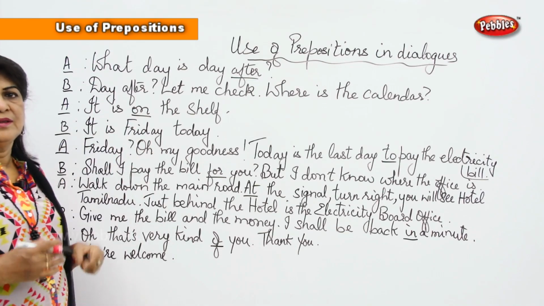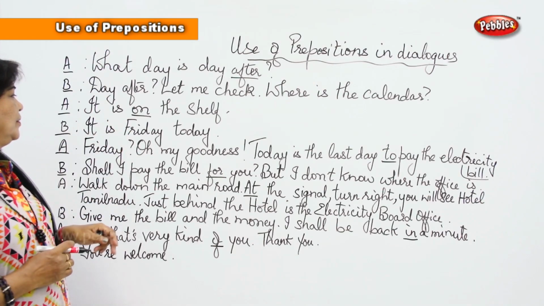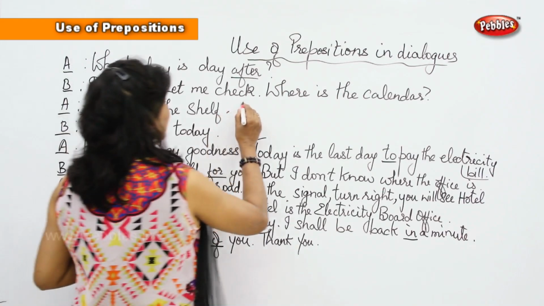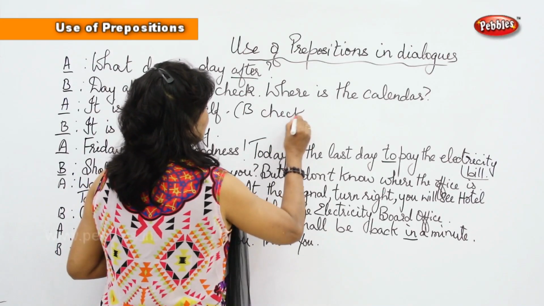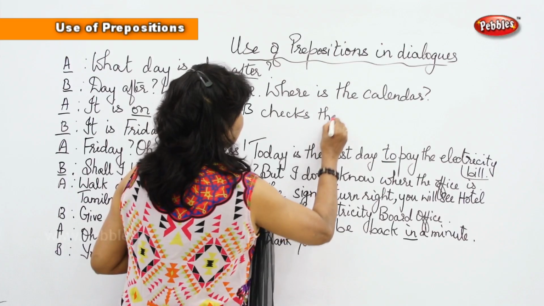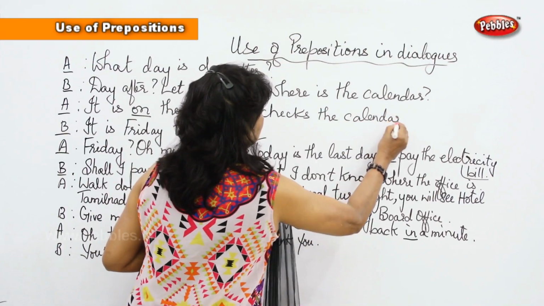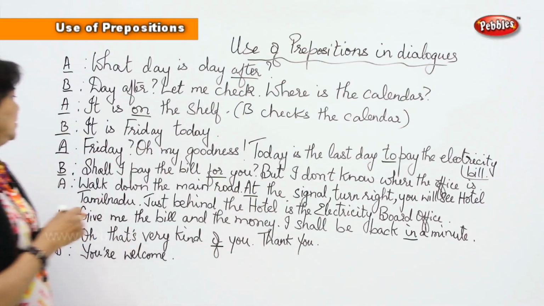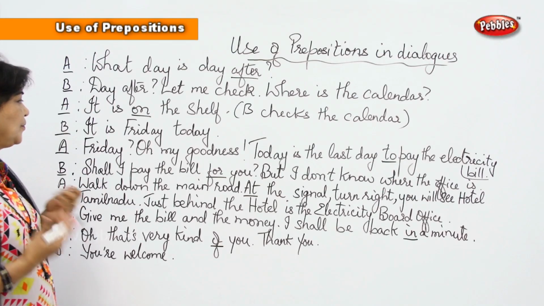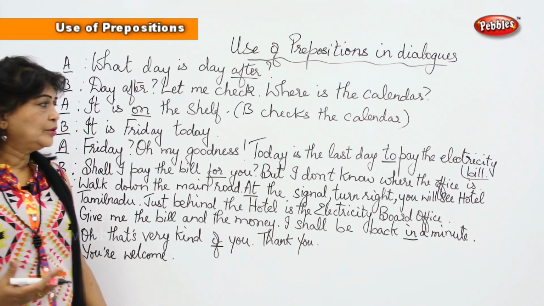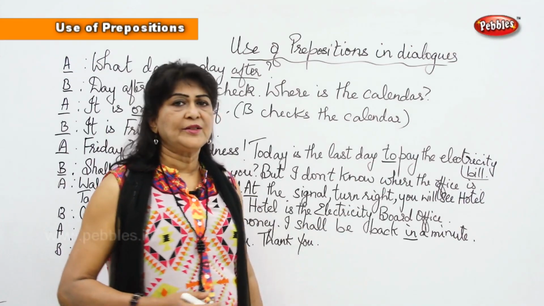See, on means above. B checks the calendar and says, it is Friday today. And A says, Friday? Oh my goodness, today is the last day to pay the electricity bill.